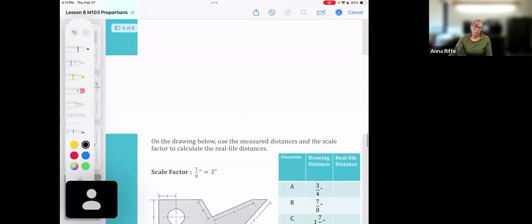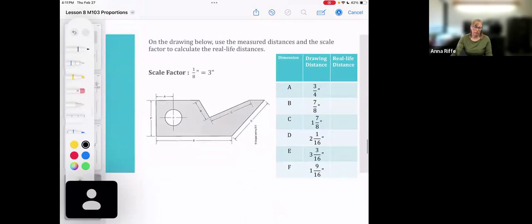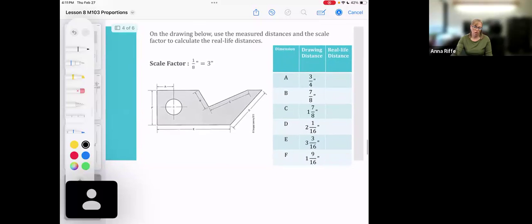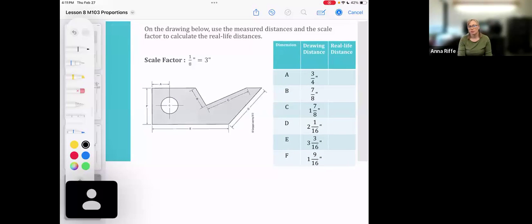We're not going to go through this entire problem just because of our online class setup. Would probably do more of this if we were an in-person class. But let's say we're given this model, this kind of simple drawing, and we're told that the scale factor is 1/8 of an inch is equal to 3 inches.